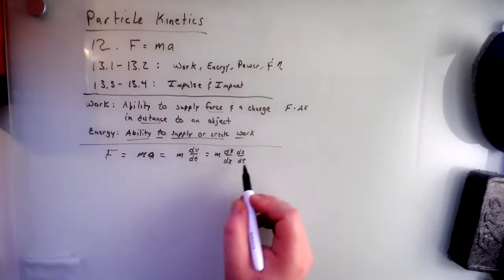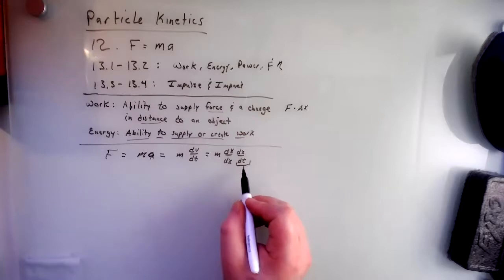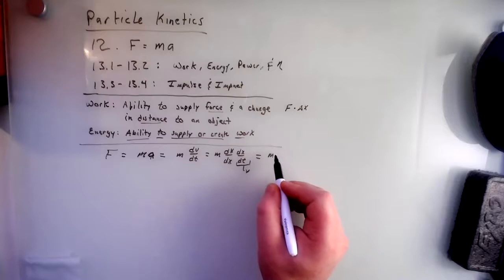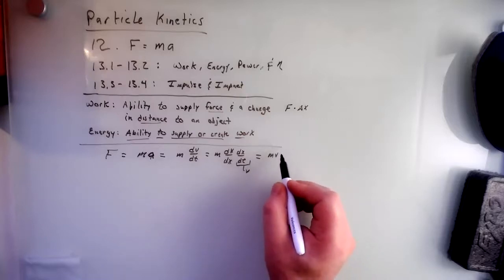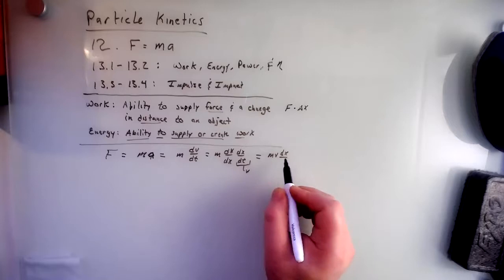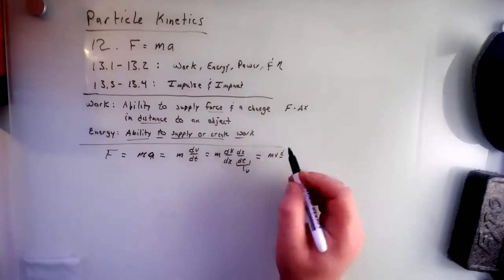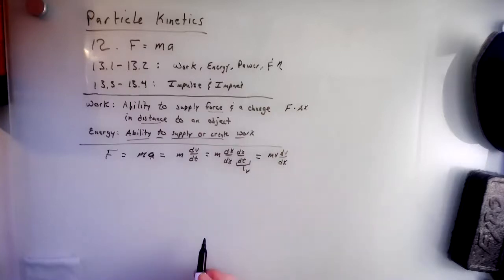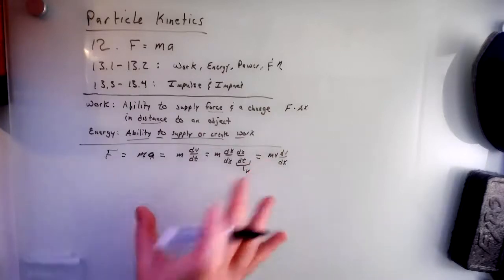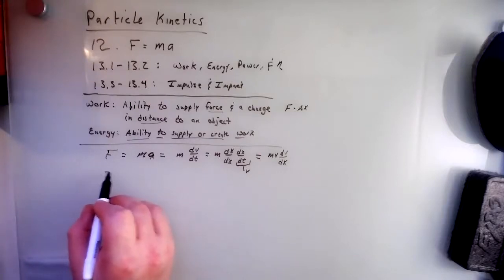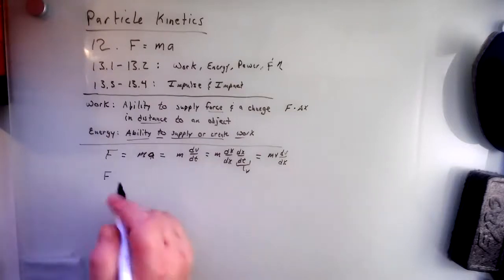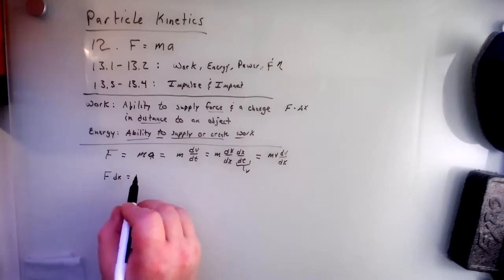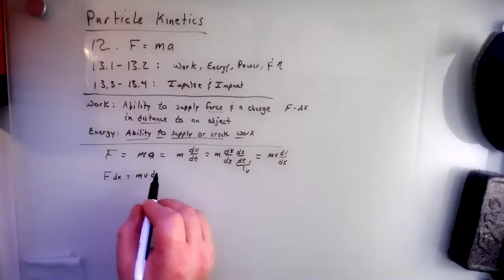And remember, dx over dt is v, right? So then this becomes m v dv over dx. Bringing this down a row, what do we have? We have F, and I'm going to move this differential. So I'm going to say F dx equals m v dv.